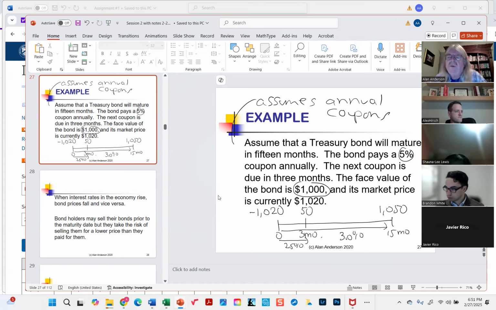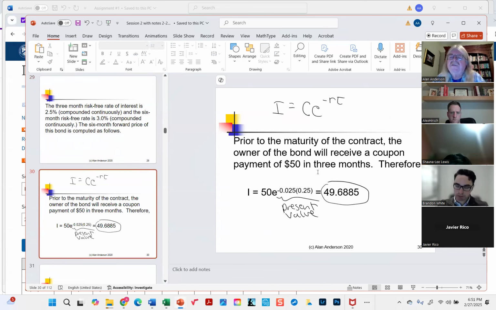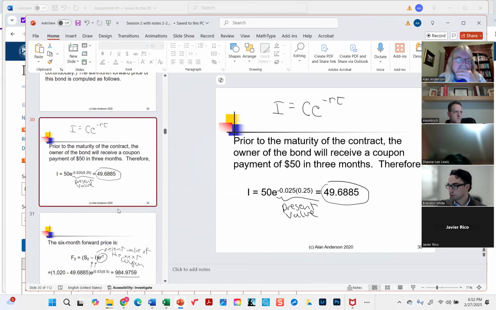Just the one. So that's the only one that's relevant to the forward price of this bond. But because that coupon will not be paid for 3 months, the number I want to put into my formula is not $50, but what's called the present value of $50. Now, what this actually indicates is, this is a side note.